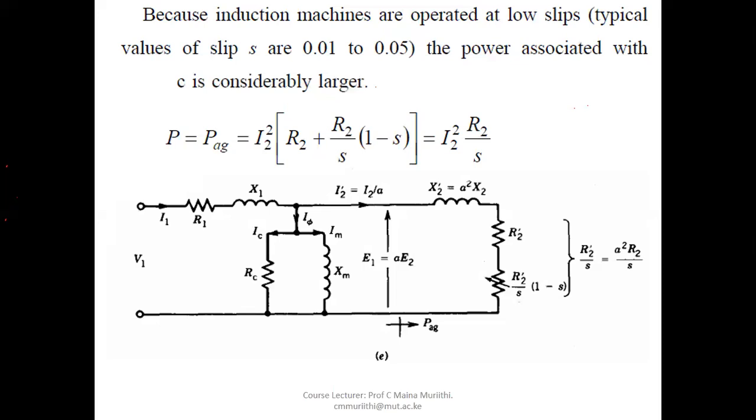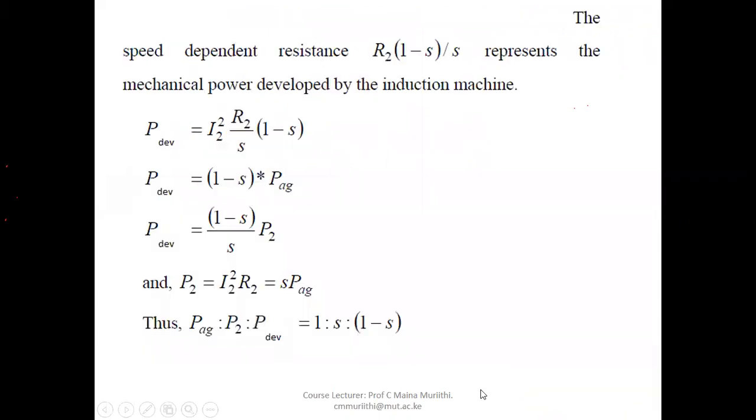In this case, we are referring the rotor parameters to the stator side. That's why we have A, where A is the transformation ratio. The other thing that is done is to get rid of RC, which we'll be doing shortly.